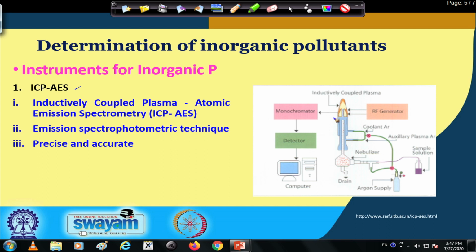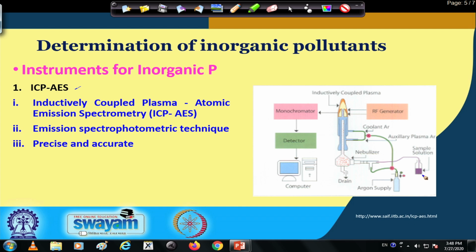So, there is a plasma torch, as you can see here. This plasma torch generates the inductively coupled plasma, which is the source of energy, and as a result the sample gets atomized, and the wavelengths generated from these excited atoms are analyzed by the monochromator, then the detector and computer.